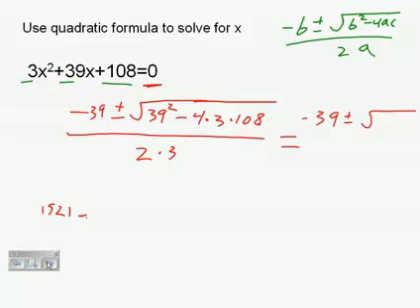So when I put it in that radical, I'm going to figure out what it is. 4 times 3, 12, times 108 equals 1,296. So that's 39 squared minus 4 times 3 times 108, and this equals 225.